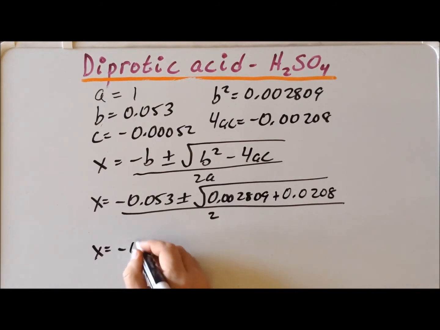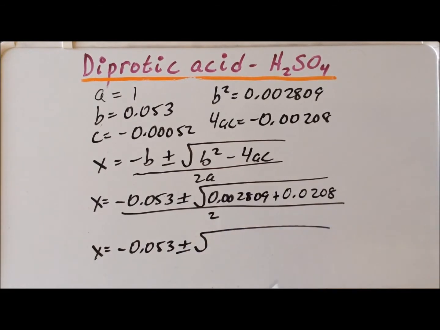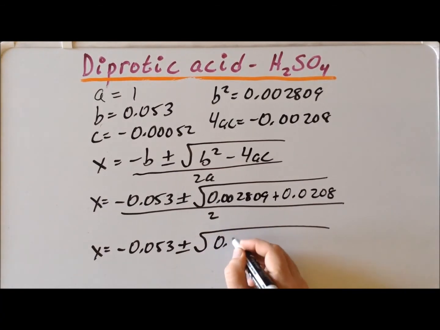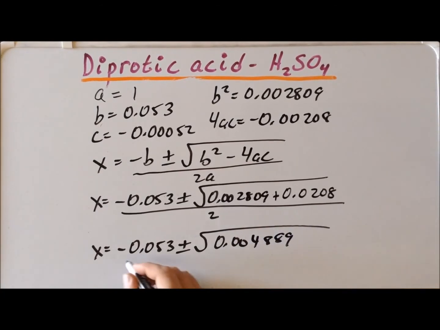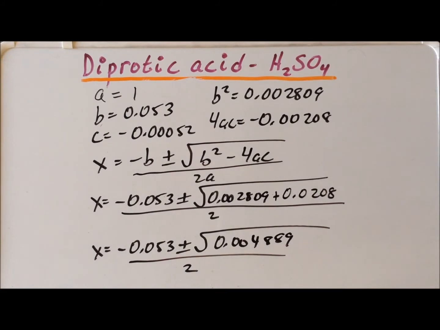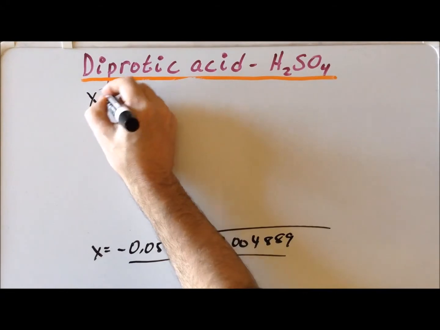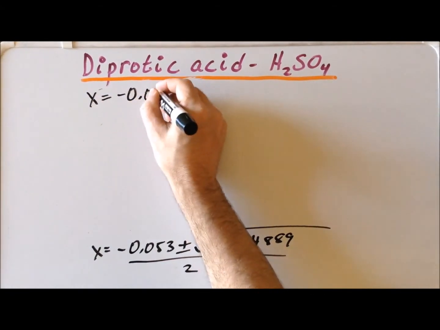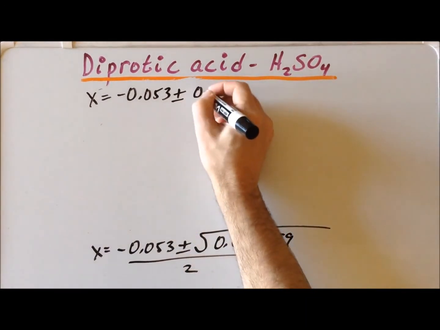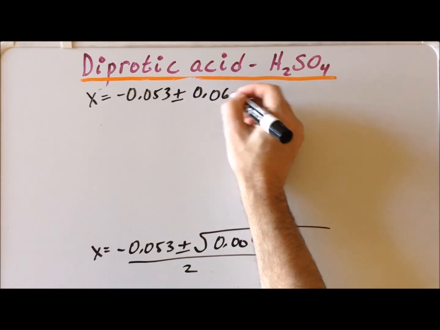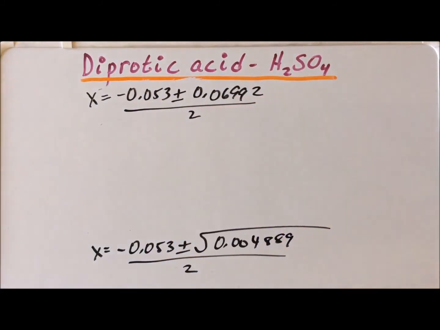So this gives us minus 0.053 plus or minus the square root of 0.004889, all divided by 2. Taking the square root, that gives us that x is equal to minus 0.053 plus or minus 0.06992, all divided by 2.